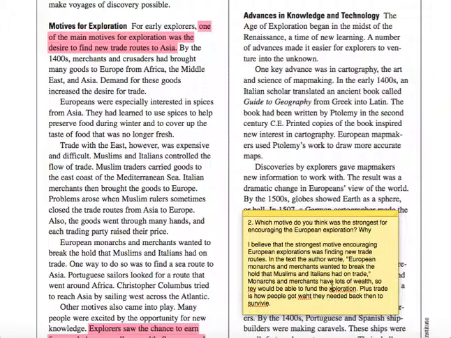Monarchs and merchants have lots of wealth. So they would be able to fund the exploration. Plus, trade is how people got what, that doesn't make sense, get what they needed back then to survive.